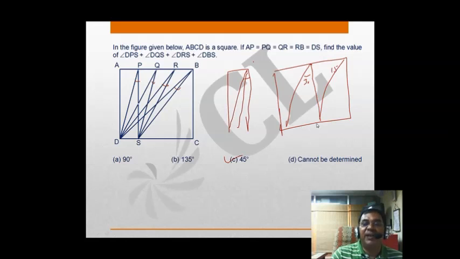I just made it double. Here this angle comes 30, so this angle has to be less than 30. And after that, here this is 45. This is 45, so this will be 15. So here it's coming 45.